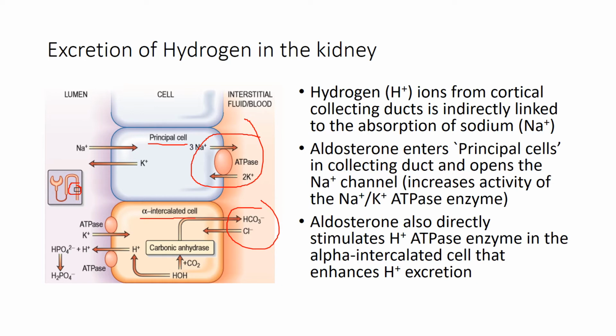So you've got sodium bicarbonate being reabsorbed again into the blood. But also in the alpha intercalated cell, you have hydrogen that goes across the other way back into the urine, and that can be mixed with phosphate and excreted in the urine.